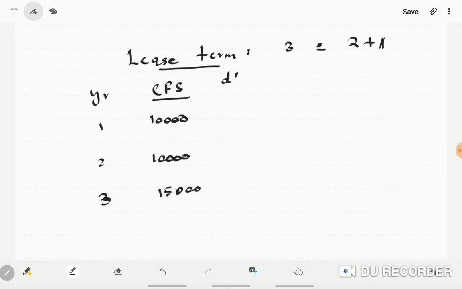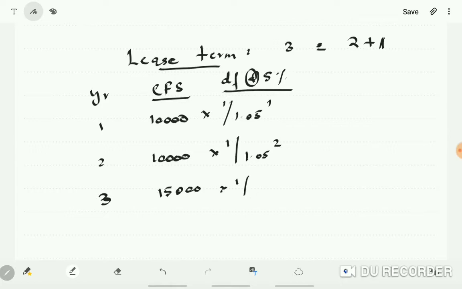We have to find the present value of this at the implicit interest rate or incremental borrowing rate. That is given as 5%. So discounting factor 1 into 1.05 to the power 1, 1.05 to the power 2, 1.05 to the power 3.